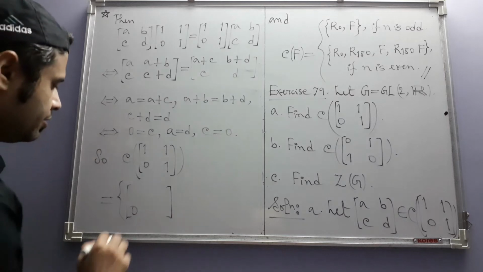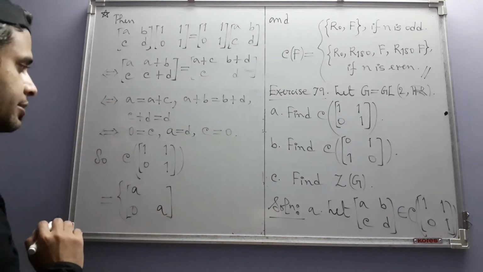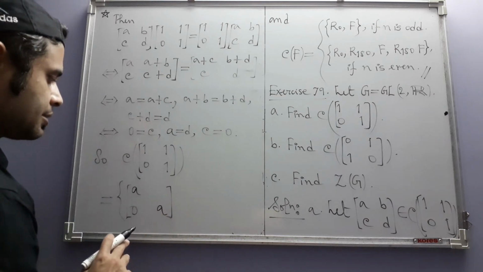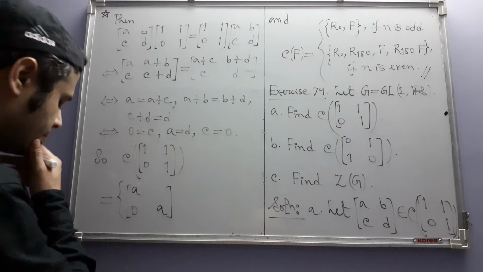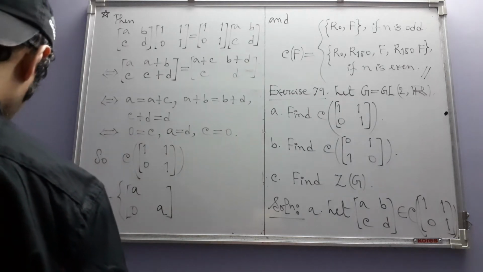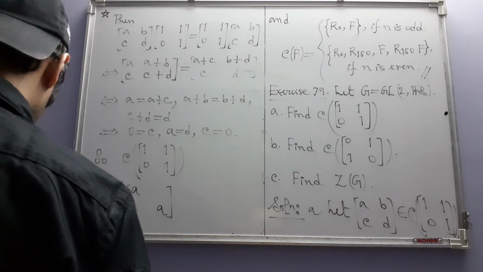So C is 0, A and D are the same, and what about B? This doesn't say anything about B.